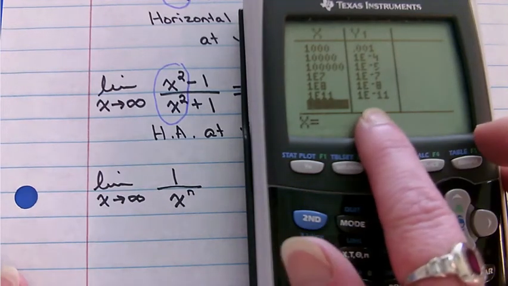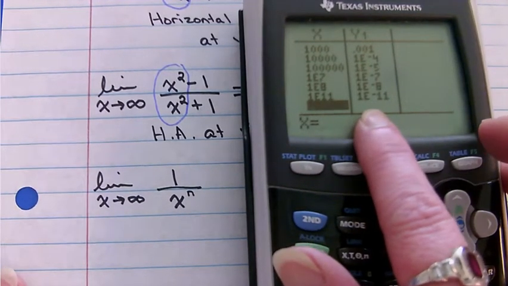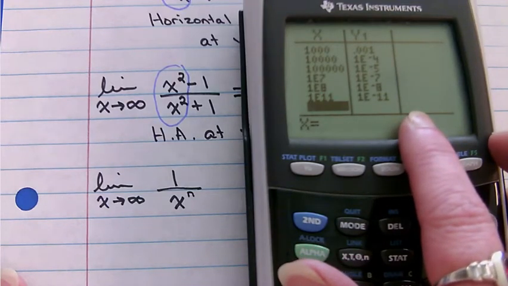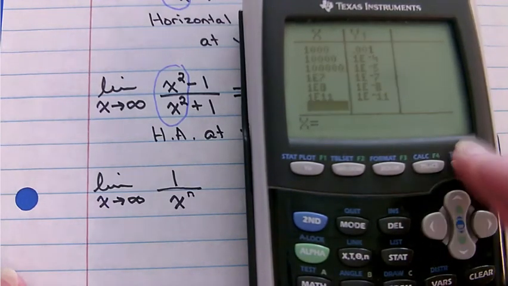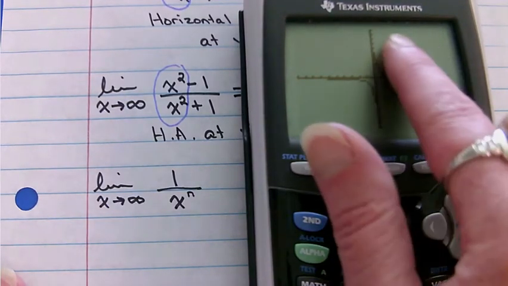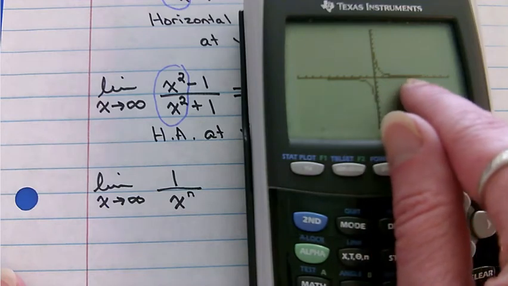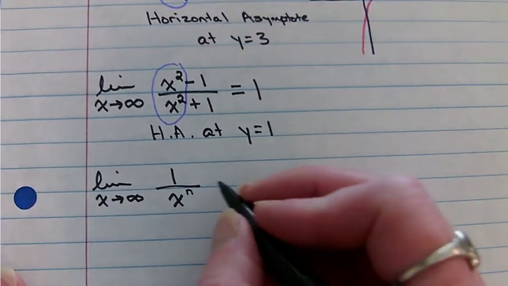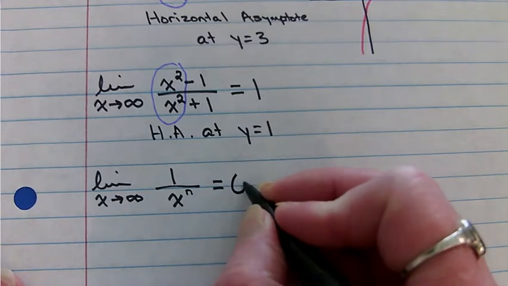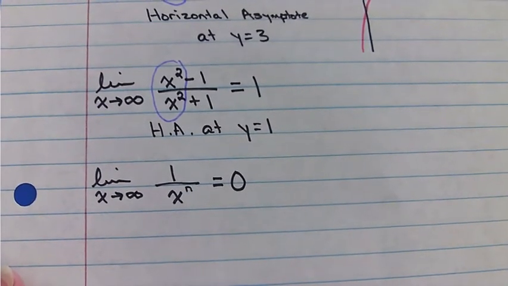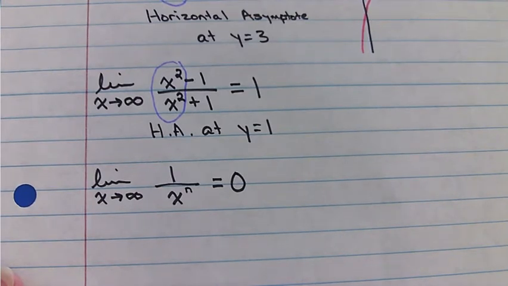That's point, and then there's 10 zeros and a 1. This is getting super, super small. Look at what happens on the graph. It gets really, really close to the x-axis. This approaches 0 every single time. So when the denominator is bigger, it's going to approach 0 every single time.